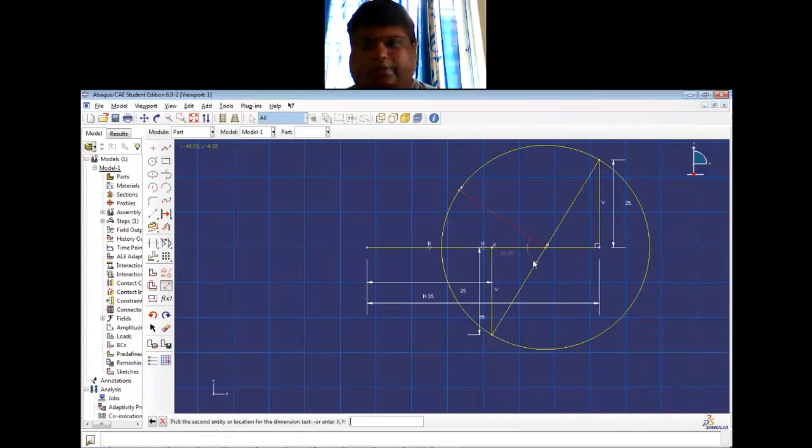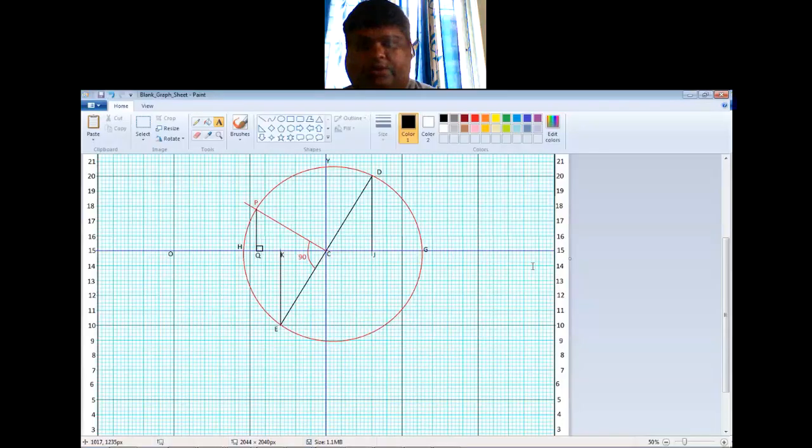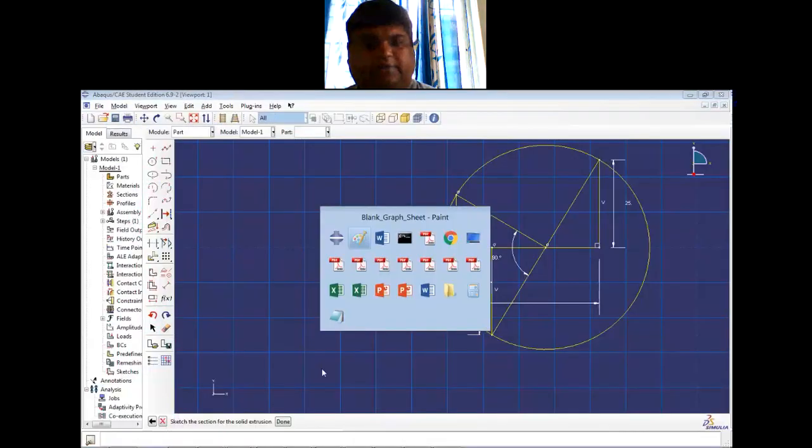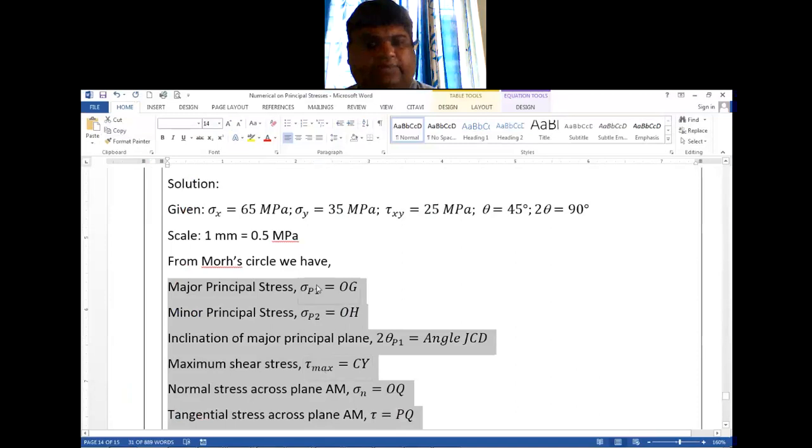And this angle is 90 degree. Now you drop a perpendicular from this point. So this is the perpendicular. Now I have everything. I can just find the values.